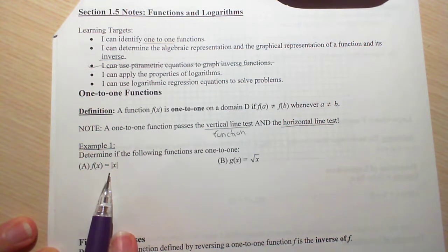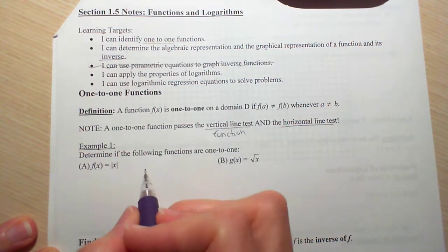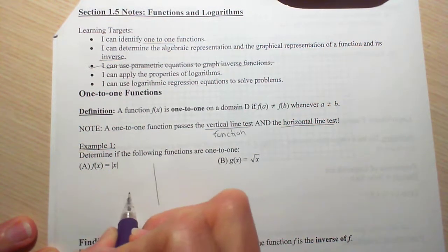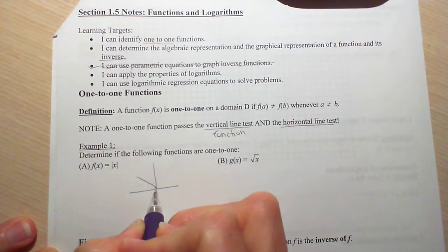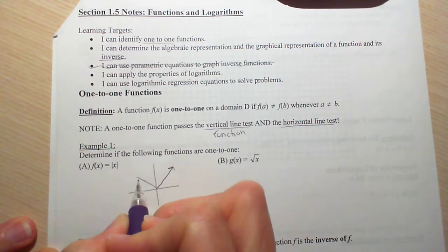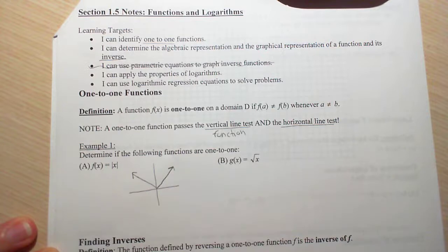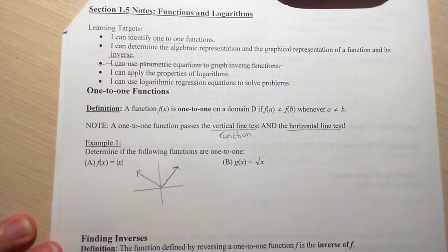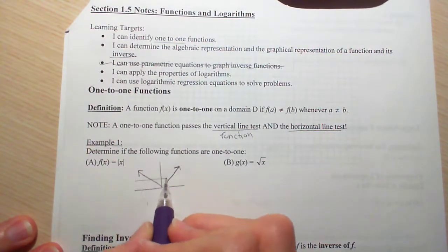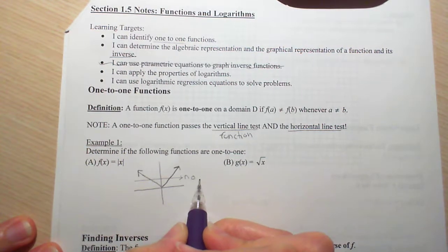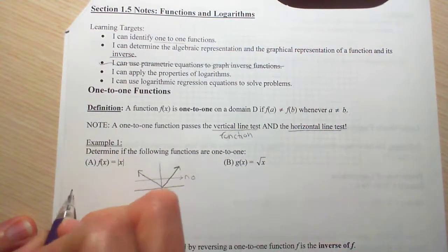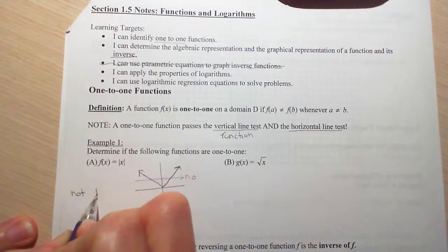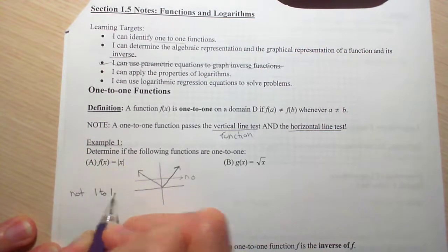So this is our function, the absolute value of x. Hopefully this is the picture that immediately pops up into your head. This is the absolute value graph, and you can look at it right away and say, well, that does not pass the horizontal line test, so this is not one-to-one.